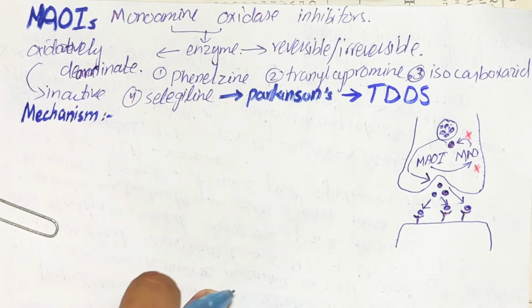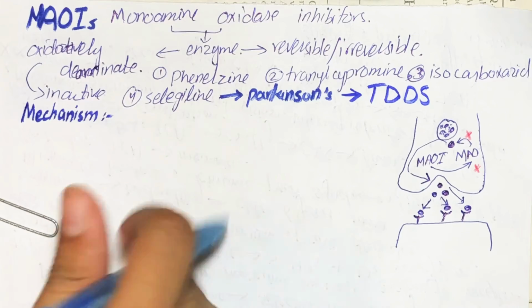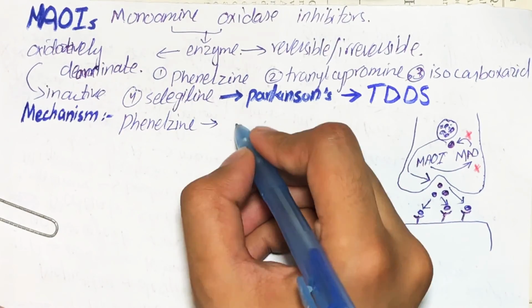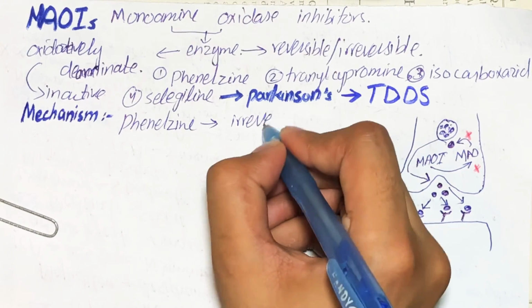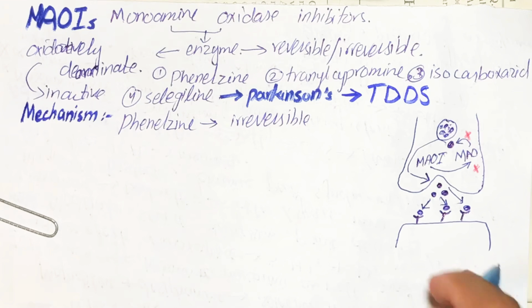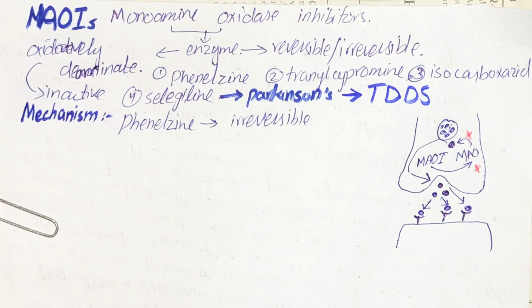So if we talk about the mechanism of phenelzine, phenelzine actually irreversibly inactivates the enzyme, which results in increased stores of norepinephrine, serotonin and dopamine within the neuron, and subsequently diffusion of excess neurotransmitter into the synaptic space.